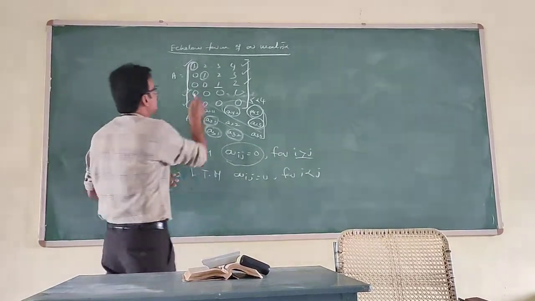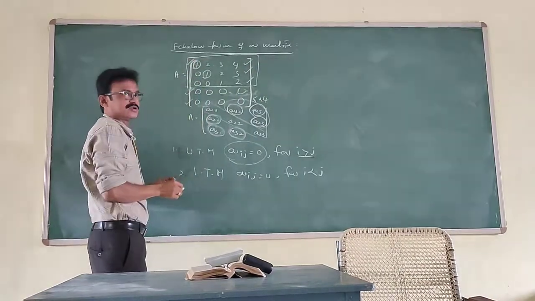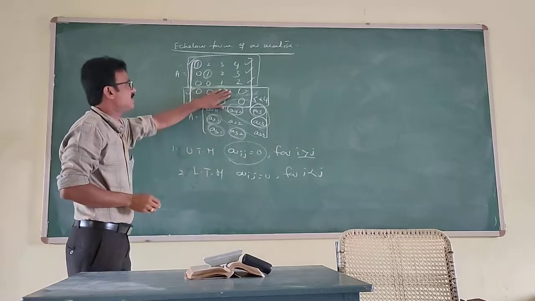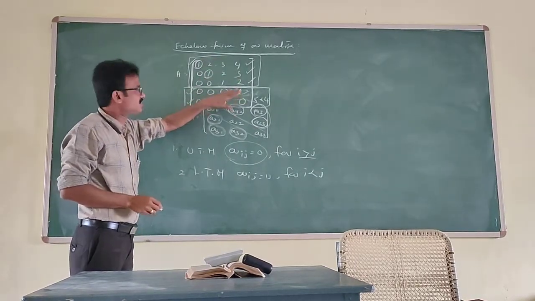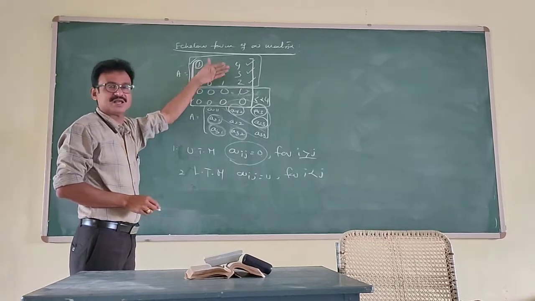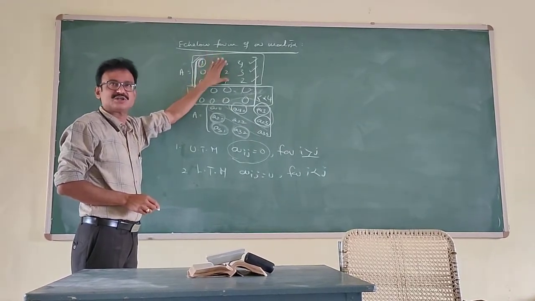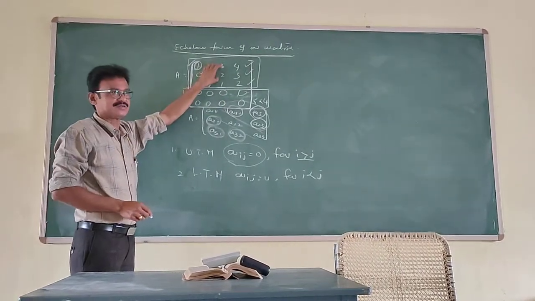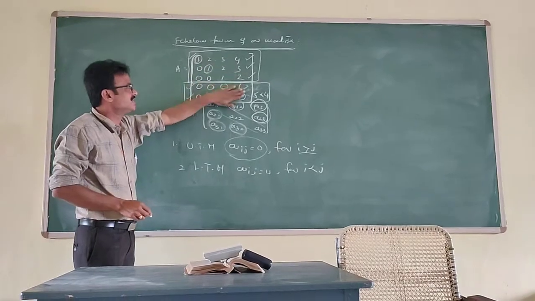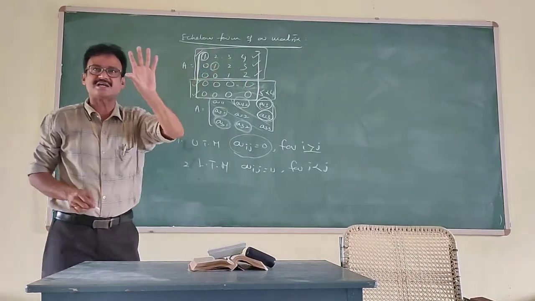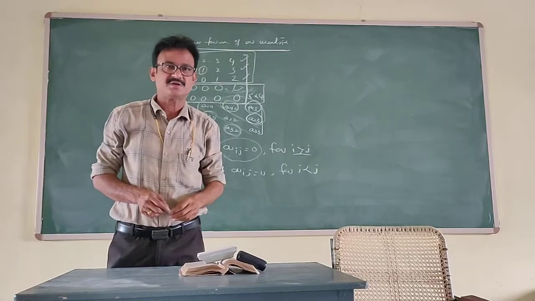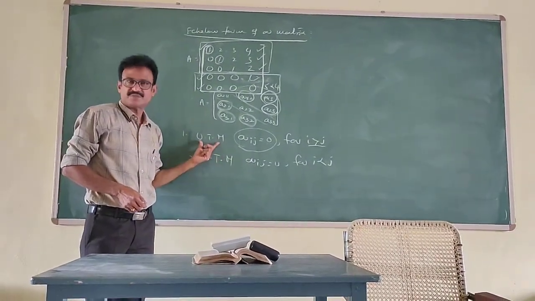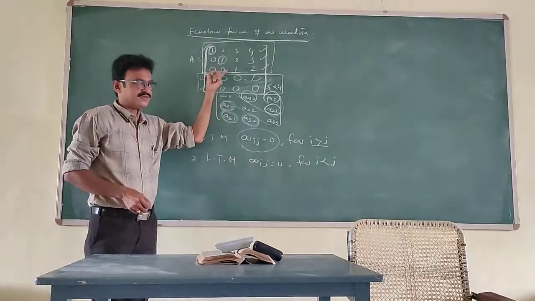So these 3 rows are non-zero rows, and the last 2 rows are zero rows. All the non-zero rows precede the zero rows. These two points satisfy the echelon form. So these are the upper triangular form, lower triangular form, and echelon form.